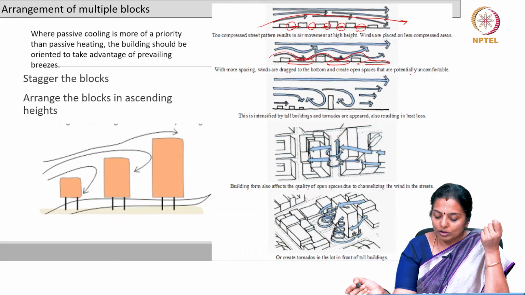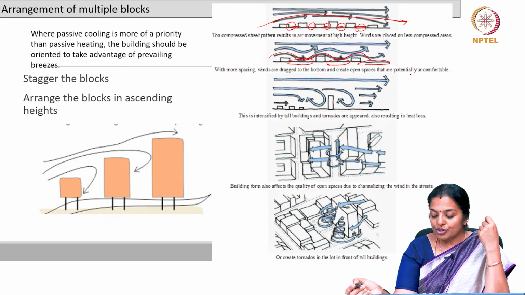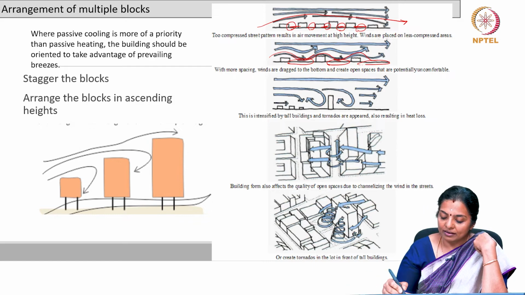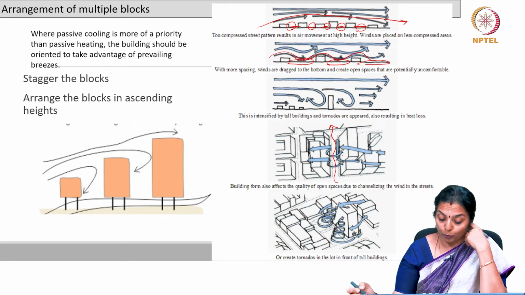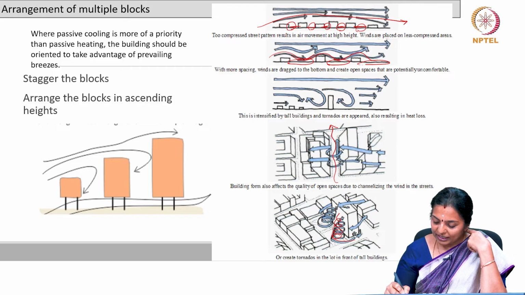Building form also affects the quality of open spaces due to channelizing the wind in the street. So, having winds on the streets is also important, and building forms play an important role. They create small tornadoes in the lot in front of tall buildings, which you could capitalize on or otherwise.